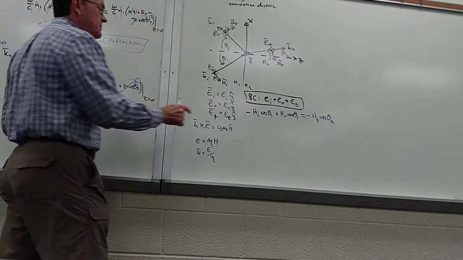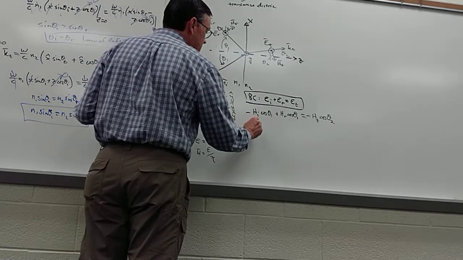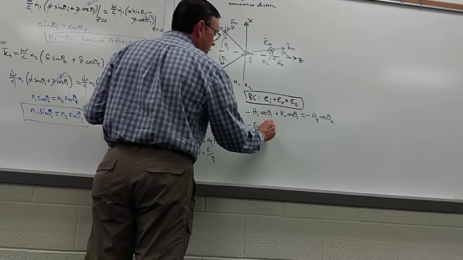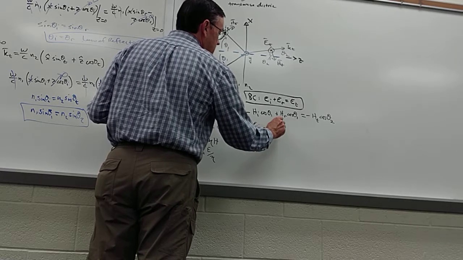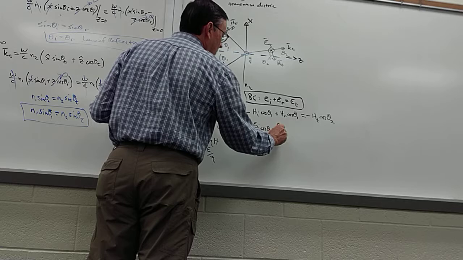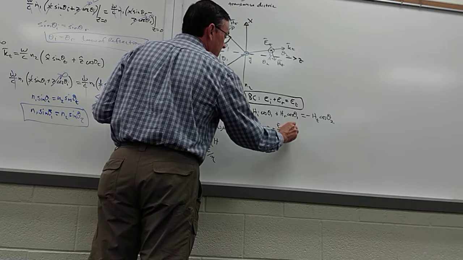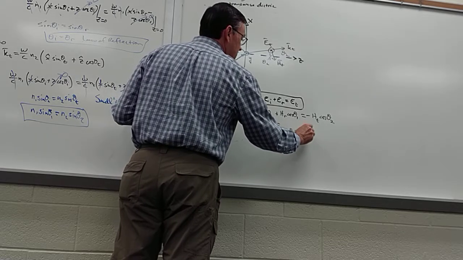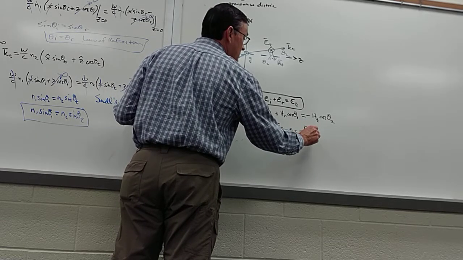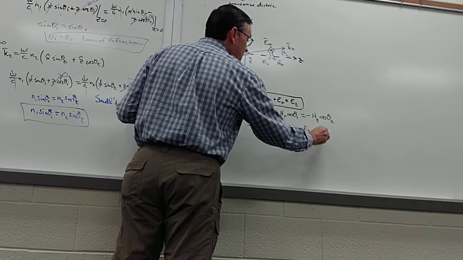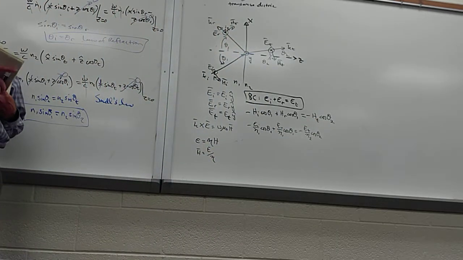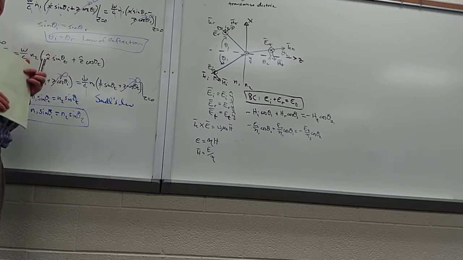So I can take this boundary condition, rewrite it as minus E sub I over eta 1 cosine theta 1 plus E sub R over eta 1 cosine theta 1 is equal to minus E sub T over eta 2 cosine theta 2. So I've just rewritten the magnetic field boundary condition in terms of the amplitude of the electric field.